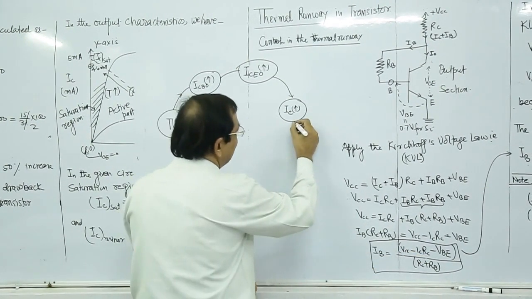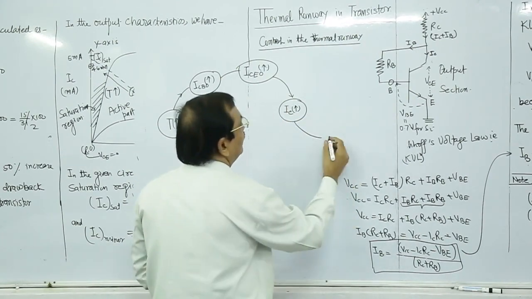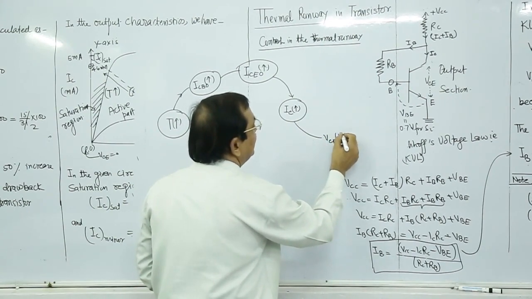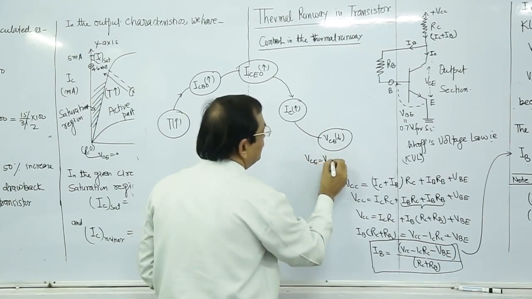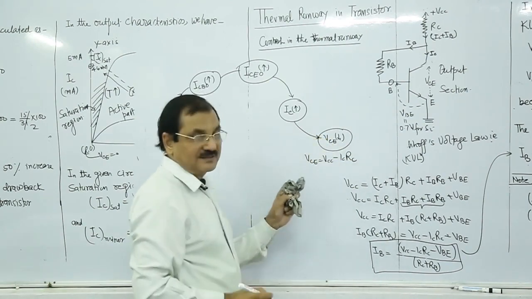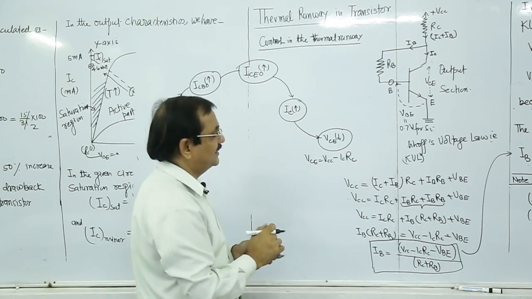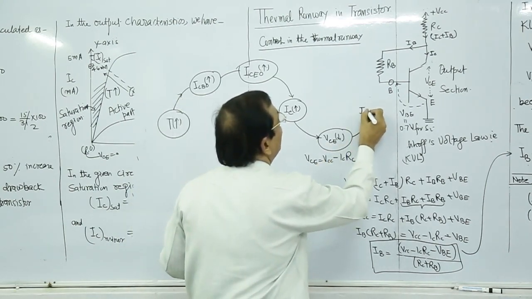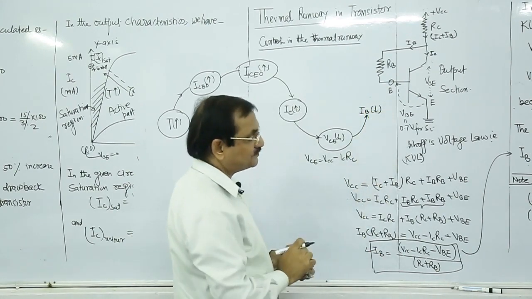So what can we see? Now the term is shifting. VCE will decrease. That is, VCE is equal to VCC minus ICRC, this will decrease. And if this will decrease, so what will happen? IB will decrease.